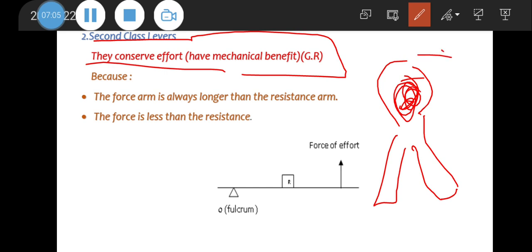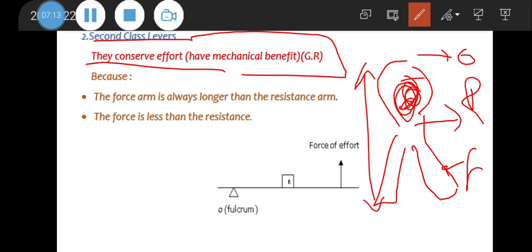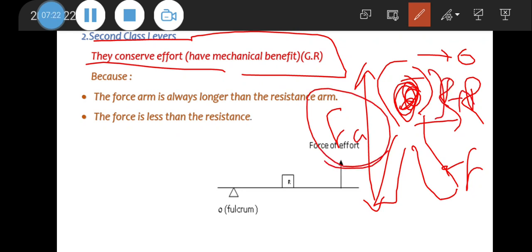This is the fulcrum, this is the resistance force, and this is the effort force. The distance between the effort force and the fulcrum is the force arm, and this is the resistance arm. Here the force arm is longer than the resistance arm, so the effort force is less than the resistance force, so it conserves effort.